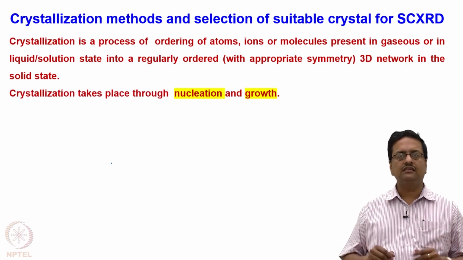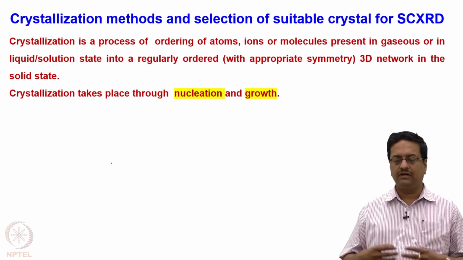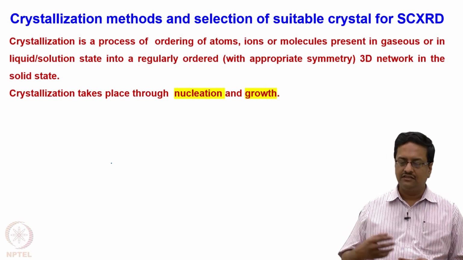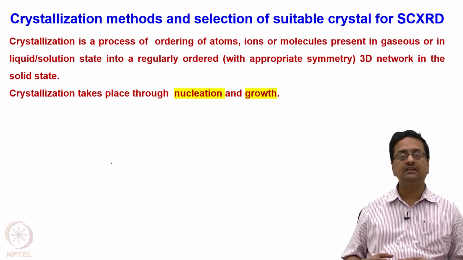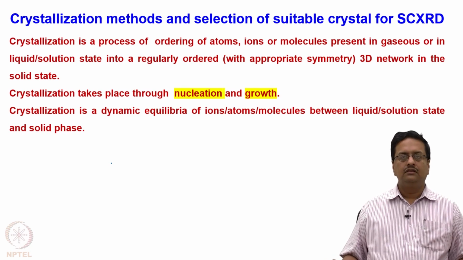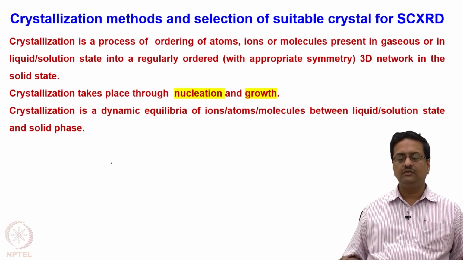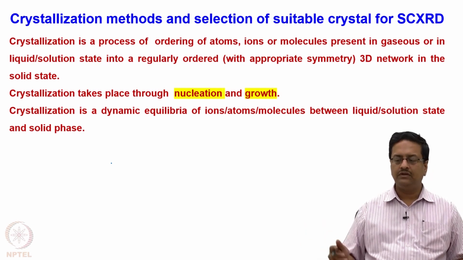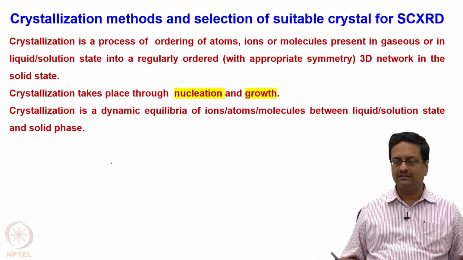So the method of crystallization takes place through two very simple but highly complicated processes called nucleation and growth. Crystallization is a dynamic equilibrium of ions, atoms and molecules between a liquid or a solution state and a solid phase.